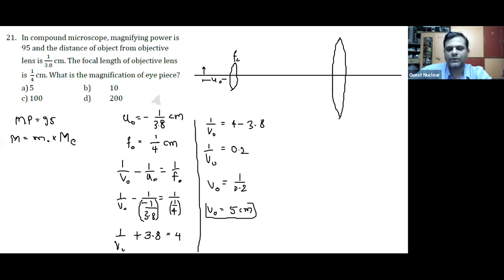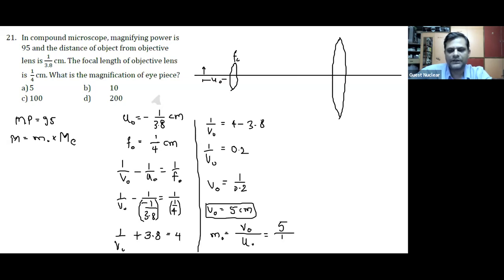Once we get VO, we can find out MO easily. MO मतलब क्या होता है? Magnification of objective, which is actually going to be VO upon UO, right है? तो ये VO upon UO अगर हम यहाँ पे डाल देंगे तो VO तो हमारे पास ऑलरेडी है 5 और UO भी ऑलरेडी दिया हुआ है minus 1 upon 3.8.